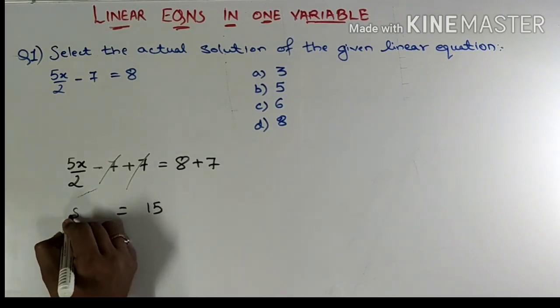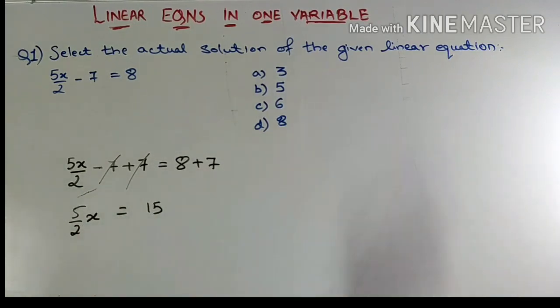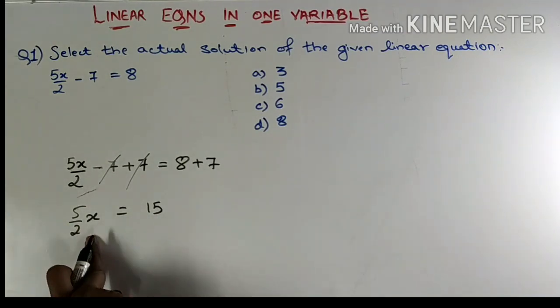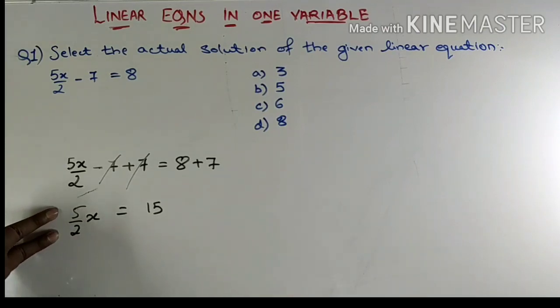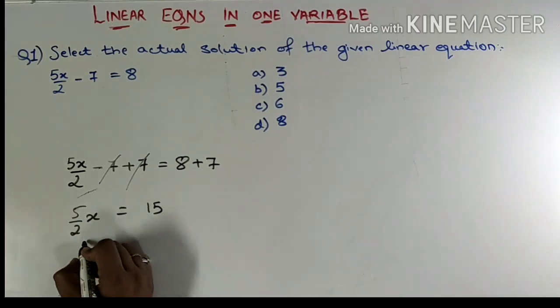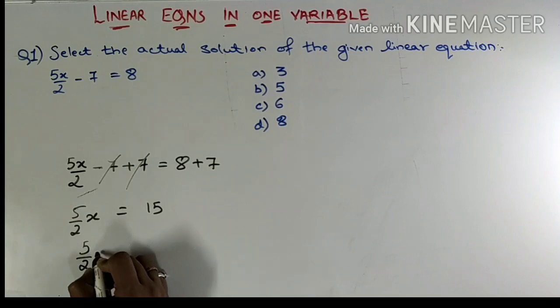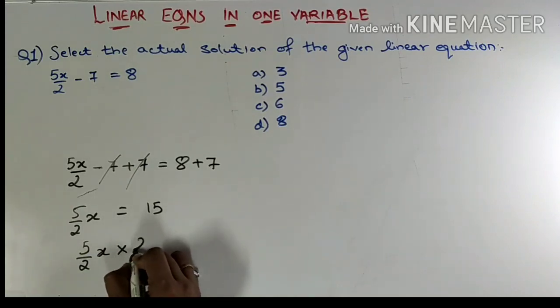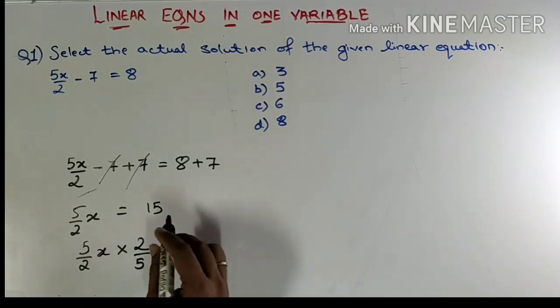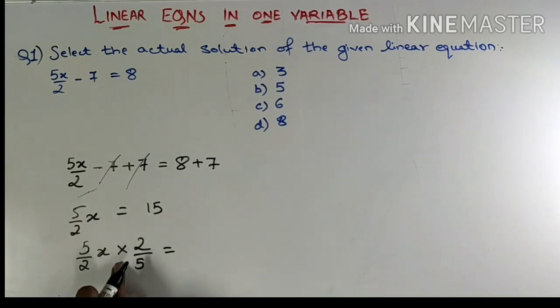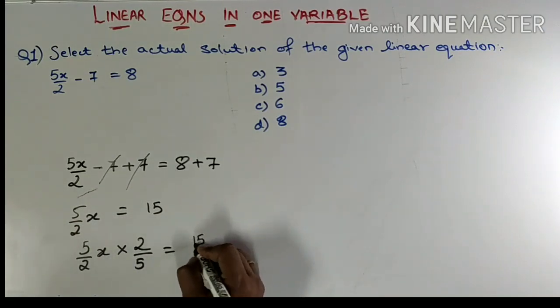You can do it together also, or you can do it separately also. You can take 2 first over there and then 5 later on. But if I want to neutralize this 5 by 2, I'll have to multiply both the sides by 2 by 5. Correct? So I multiply 2 by 5 over here as well as on the other side.